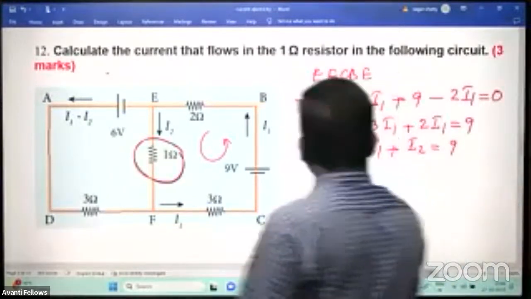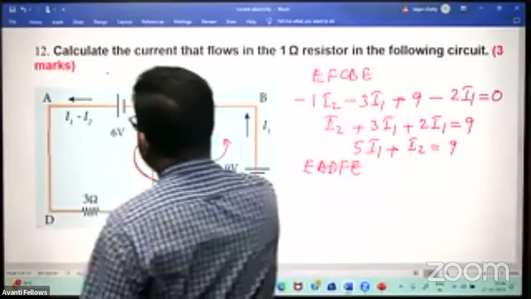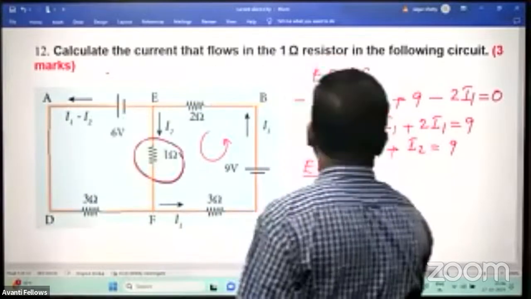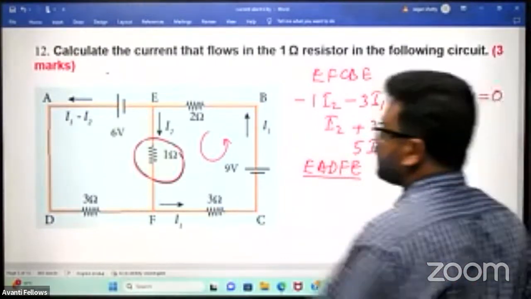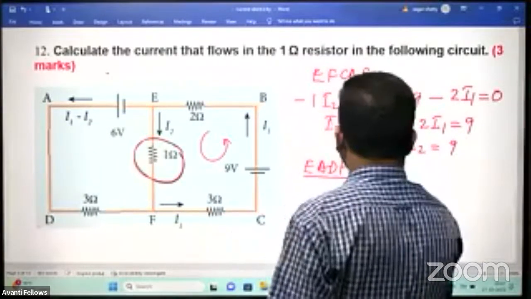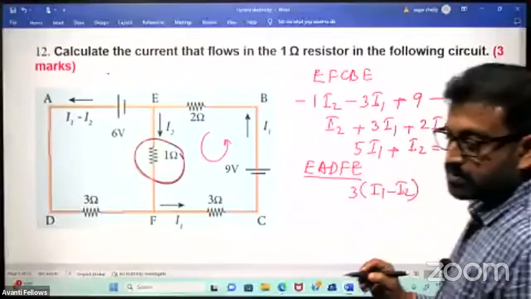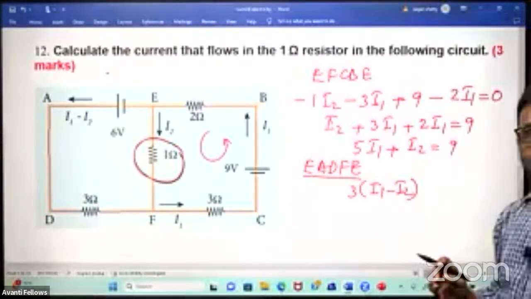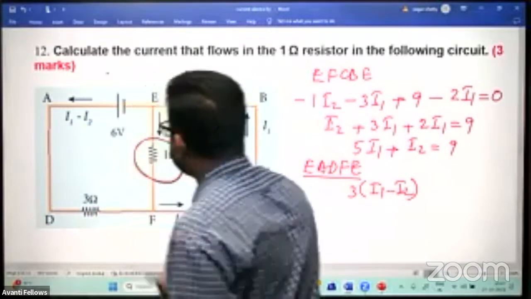Now the second one. EADFE. So first one is this one, 3 into I1 minus I2. Three into I1 minus I2, that is this one, 3 ohm here, and I1 minus I2 is the current which is flowing.